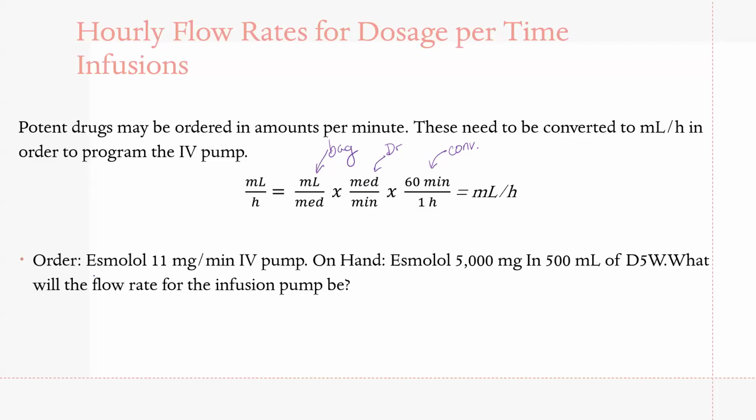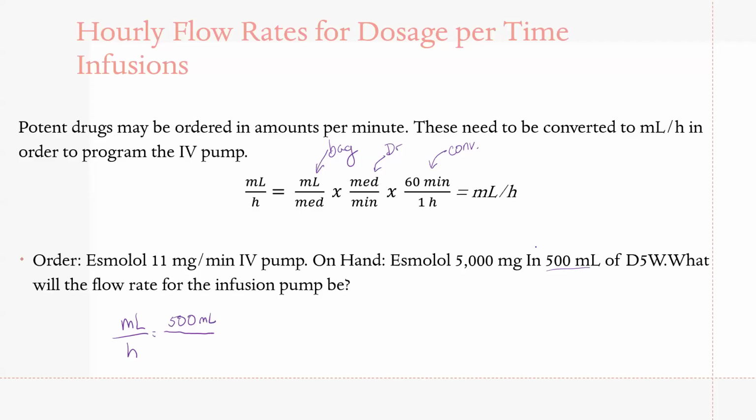Okay. For this problem, what's ordered is this medicine, 11 milligrams per minute. You have on hand 5,000 milligrams in 500 milliliters. What will be the flow rate for the infusion pump? So we're looking for milliliter per hour. You start with something that says milliliter, and that's right here, 500 milliliters.